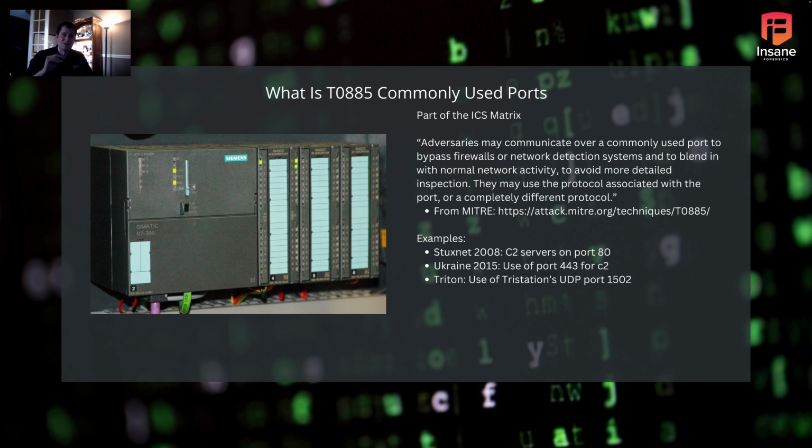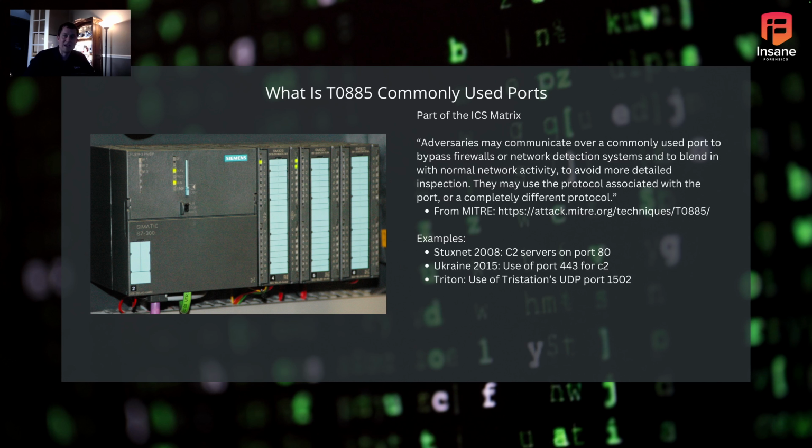This is also smart because people say, oh, we have to open this port for this application, and they don't always look at what's going through it. Attackers use that, figuring maybe they don't have the technology, or maybe they're not looking at alerts coming off of this. So they'll use commonly used ports.